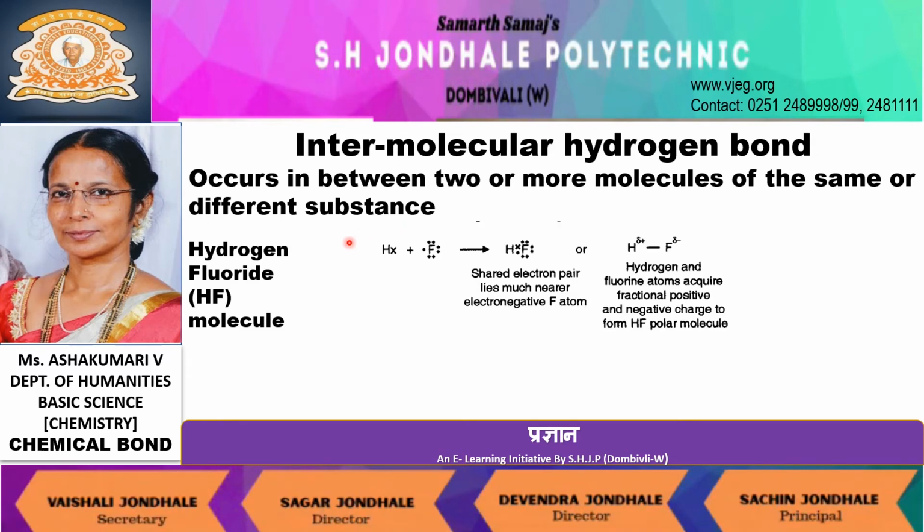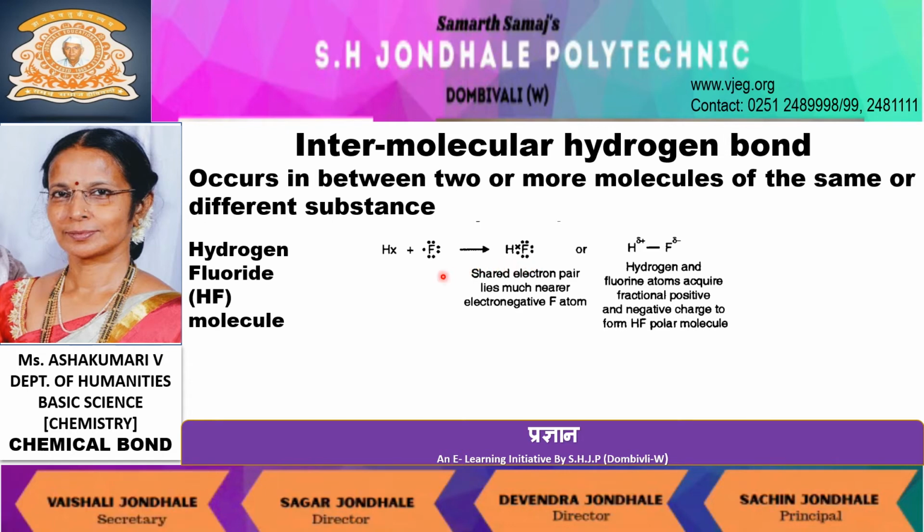For example, consider the hydrogen fluoride molecule. When a hydrogen atom in a molecule is covalently bonded to a strongly electronegative, small-sized atom like fluorine, then the shared electron pair between the hydrogen atom and the strongly electronegative atom lies much nearer to the electronegative atom.